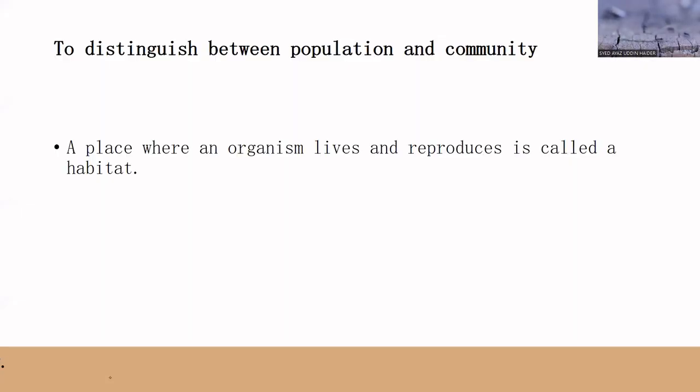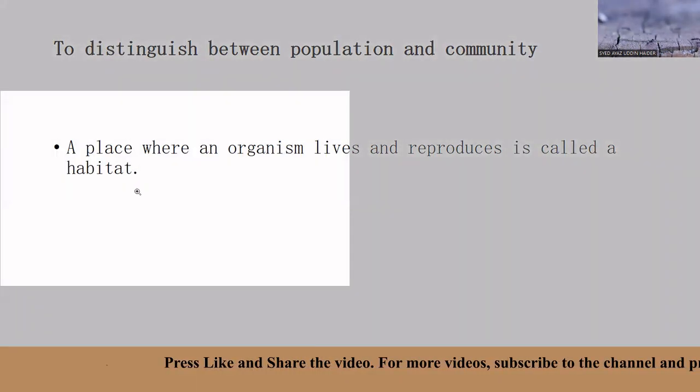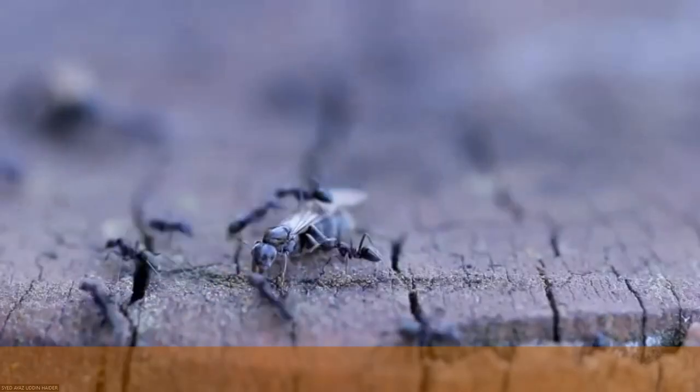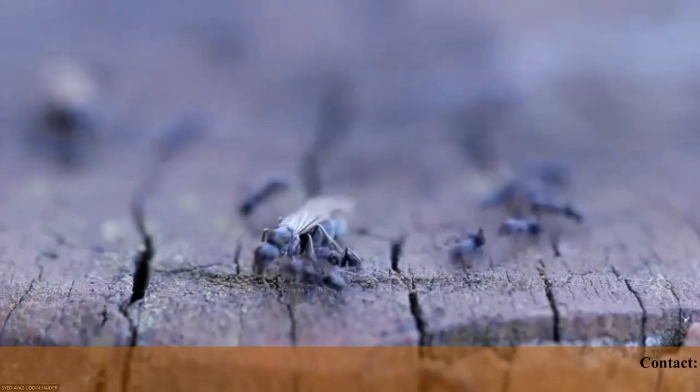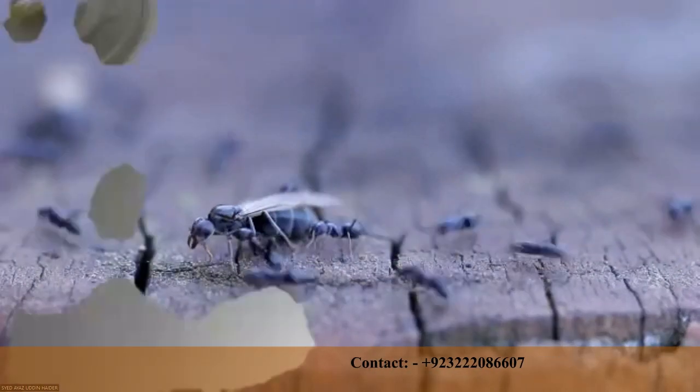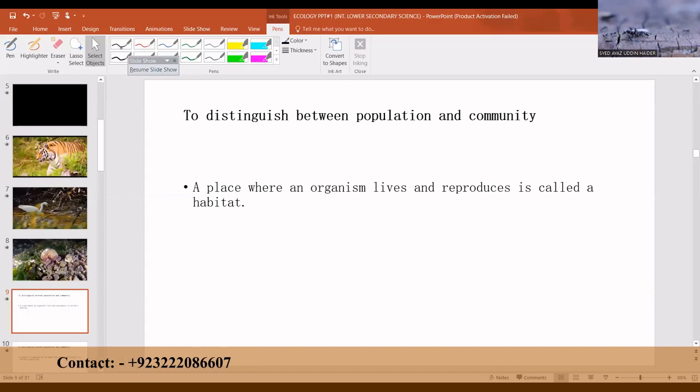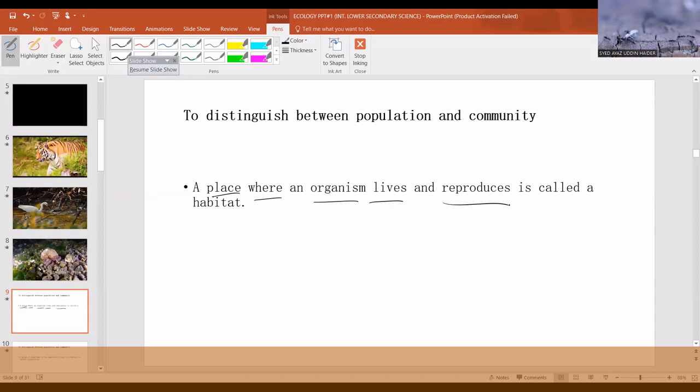To distinguish between population and community, a place where an organism lives and reproduces is called a habitat.